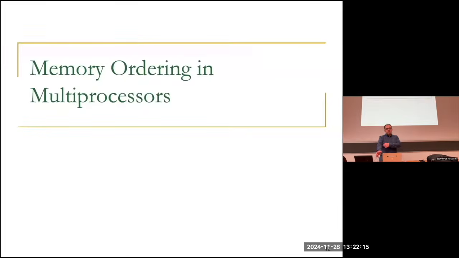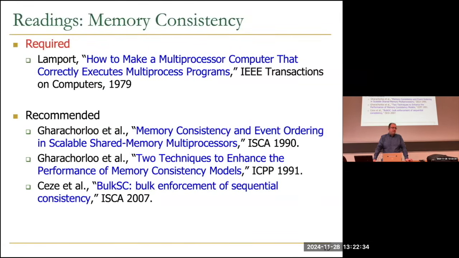But today we want to look into memory ordering in multiprocessors, which is very important in order to make sure of the correctness of the execution. And we don't want to make a trade-off here, essentially. So we want to make things correct. But we will also relax the model a little bit in the end. These are required readings for this topic.